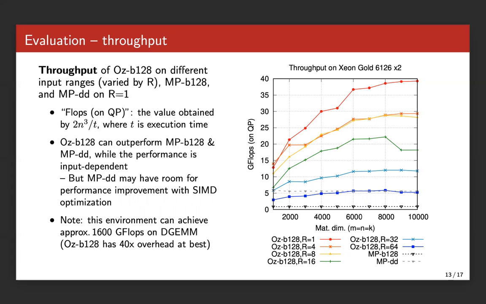The performance is input dependent, but our implementation can outperform MPLAPACK's implementations. We note that in this evaluation environment, MKL's DGEMM can achieve approximately 1.6 teraflops, so our implementation has approximately 40 times overhead at best.